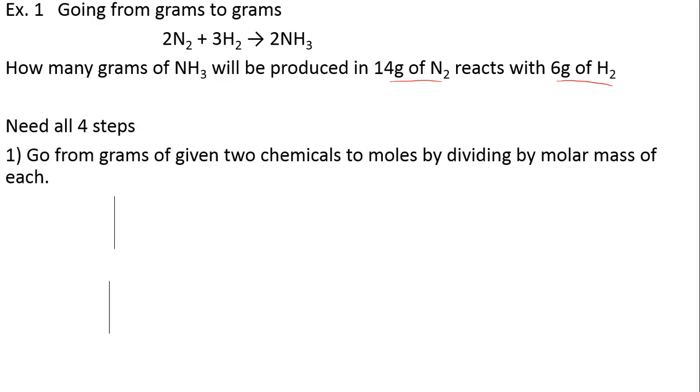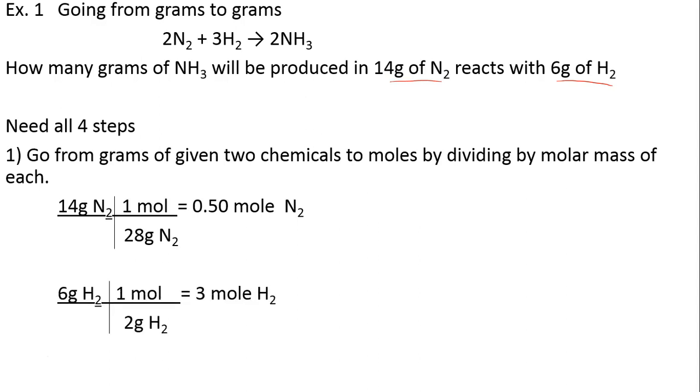So step 1, go from grams of the given 2 chemicals to moles by dividing by the molar mass of each. For nitrogen, that's 28 grams per mole from the periodic table, so 0.5 moles is our value. For hydrogen, you divide by 2, which is the molar mass of H2, and you get 3 moles. Alright, so step 2, divide both of these by their coefficients.